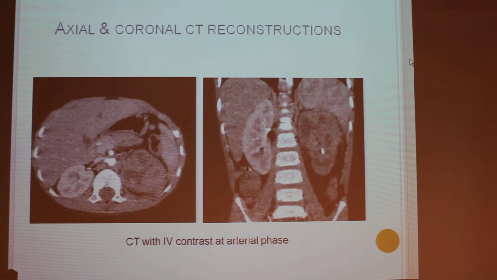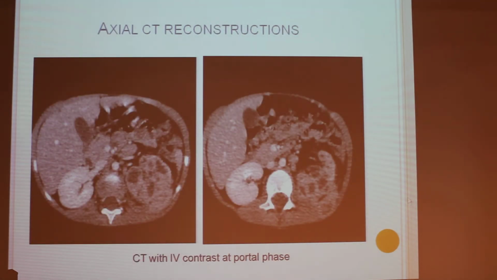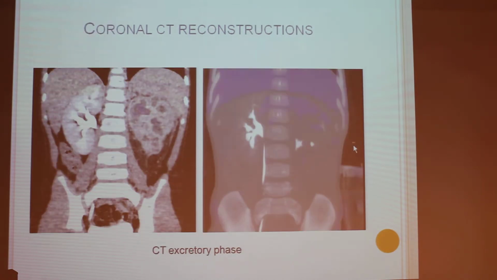At arterial phase and portal phase, we could see a cortical mass extending within soft tissue. Maybe it could be an abscess. And at excretory phase, we could see nephrographic asymmetry with no excretion at left.